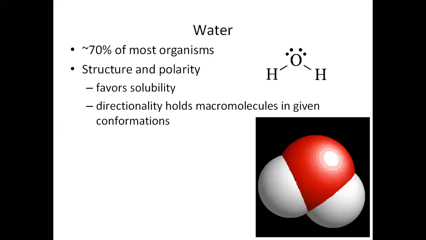It turns out that when we start talking about proteins in chapter 5, we are going to find that they have a very specific shape, and that specific shape determines their functionality. In order to visually highlight the polarity that goes on, which gives this directionality to the macromolecules, I've also shown here a water molecule in the space-filling format.